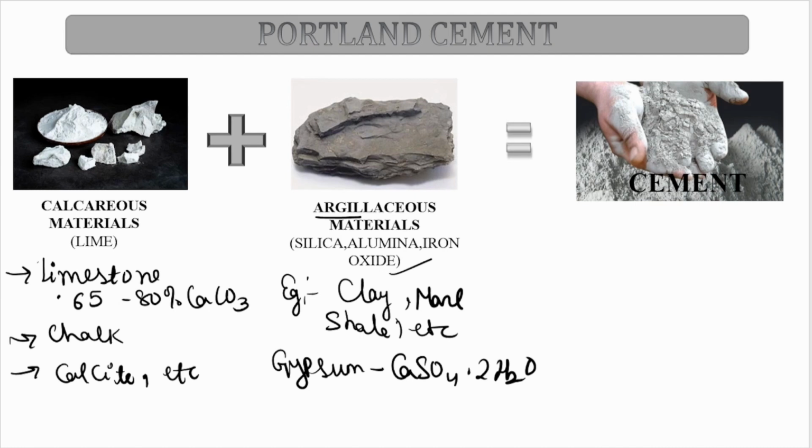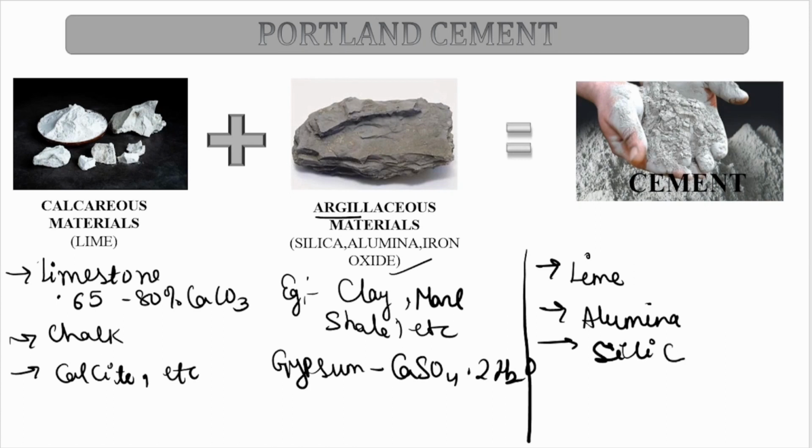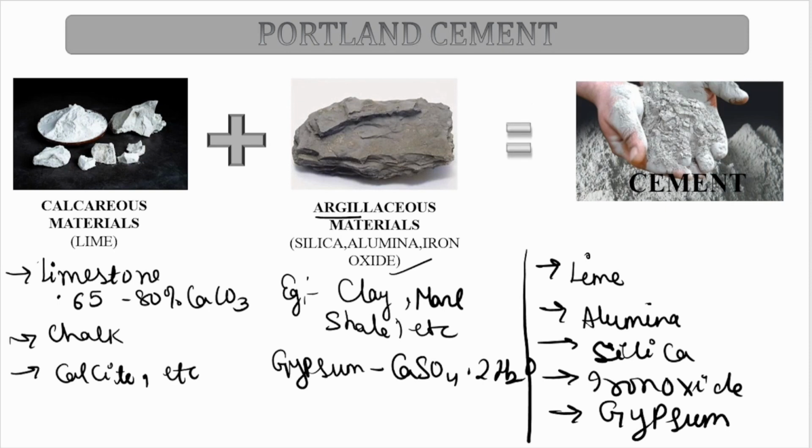Now, if we summarize all the raw materials, we can say it to be lime, alumina, silica, iron oxide, and gypsum. And all these have very specific roles to play in the cement. So these raw materials should be mixed in definite proportion so that the clinker formed must have proper constituents.